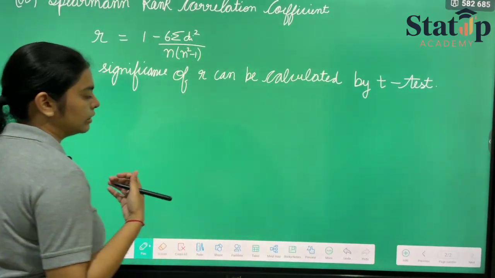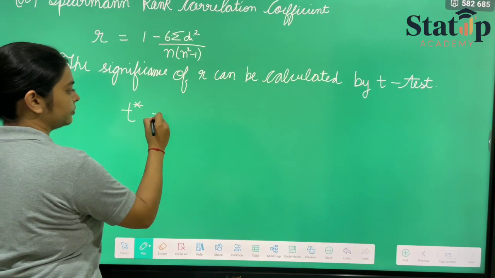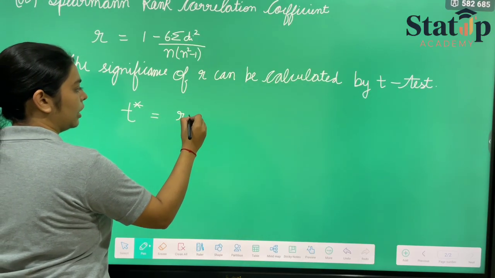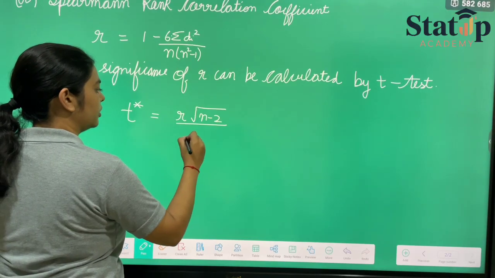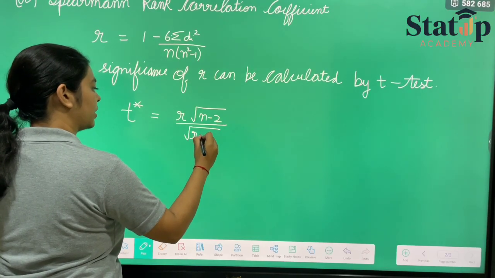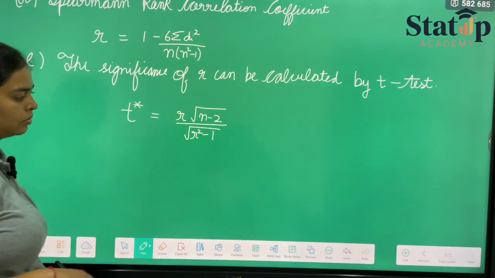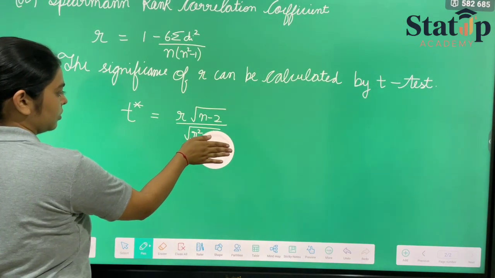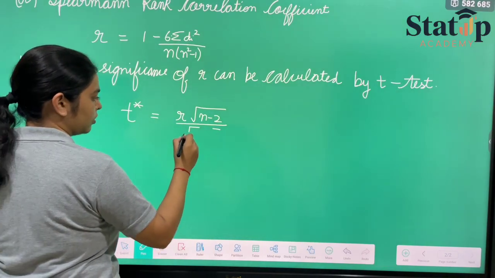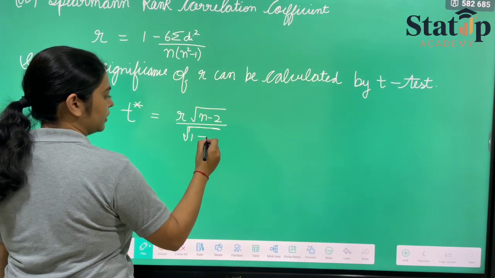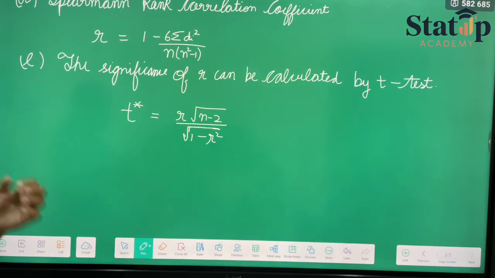Significance of r can be calculated by t-test, where t is given as r under root n minus 2 upon under root 1 minus r square. This is the formula for calculating the t.